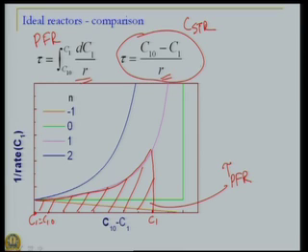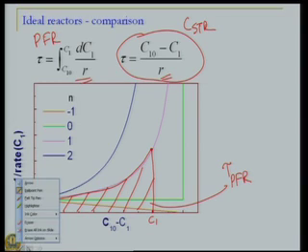Let us look at what happens when we have a stirred tank reactor. For a stirred tank reactor, for a given value of C1, this is the value of 1 over r. And what is the residence time? It is 1 over r multiplied by C1 0 minus C1.